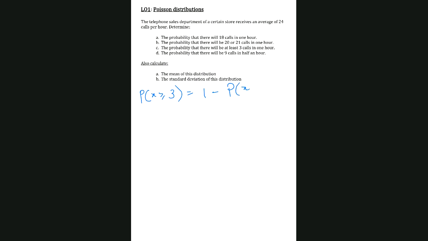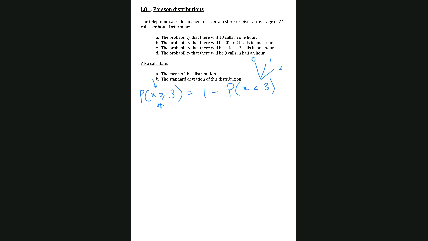If x is greater than or equal to 3, then the opposite is less than 3, not inclusive of the number 3 because we have already included it here. So when we look at x being less than 3, we mean everything below the number 3, which is the number 2, the number 1, and the number 0.